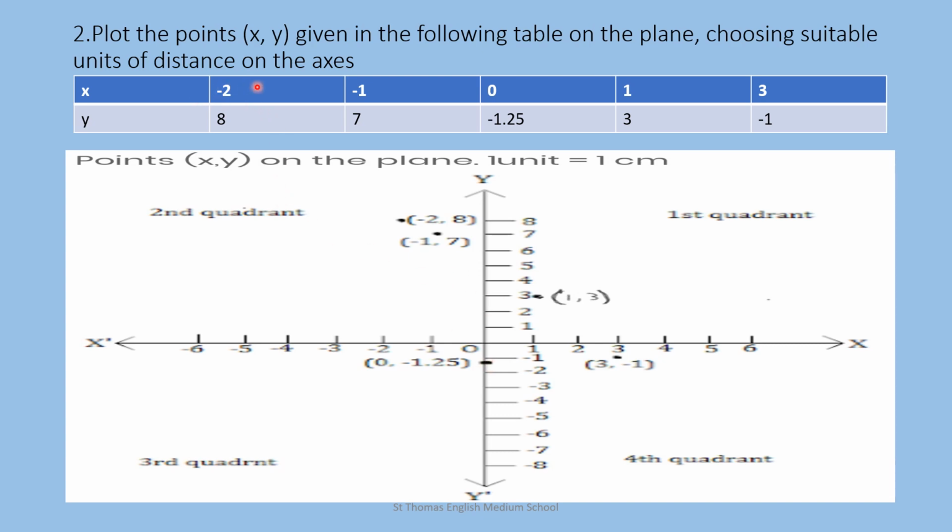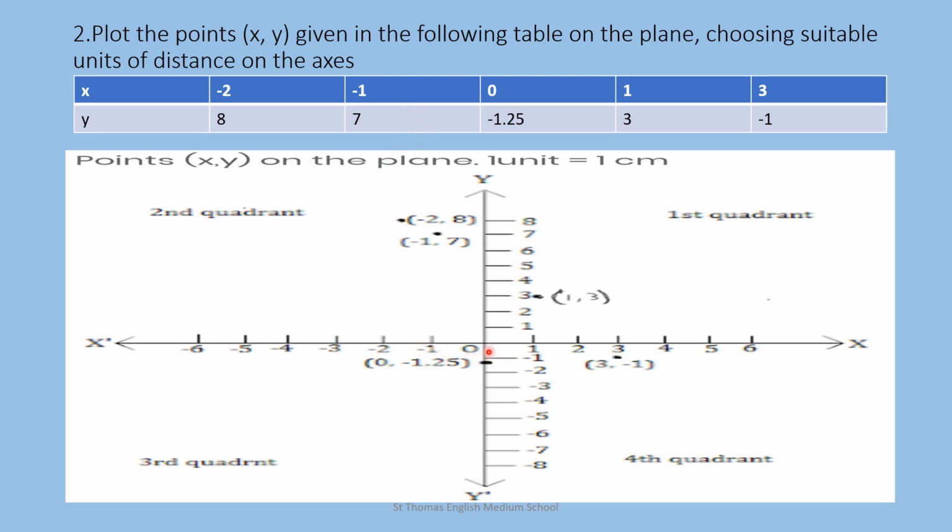Now moving to the first point, that is (-2, 8). So negative on the x-axis and positive on the y-axis. If you want to draw the perpendiculars, you can draw them. Otherwise, you just locate the point (-2, 8). That is in the second quadrant. Next is (-1, 7).